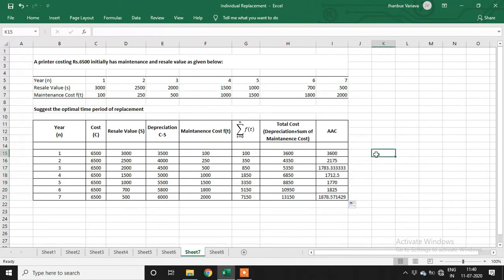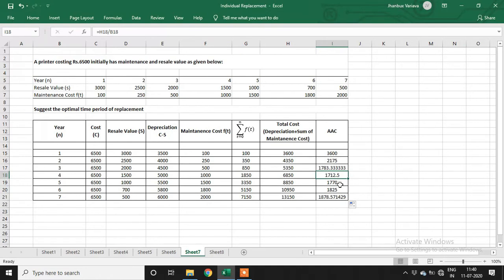Now it is important to see the answers within this column, but how do you choose? You can see there is 3600 for the first year, 2175 for the second, 1783 for the third, and 1712 rupees for the fourth year. But after the fourth year, you will see there is an increase.